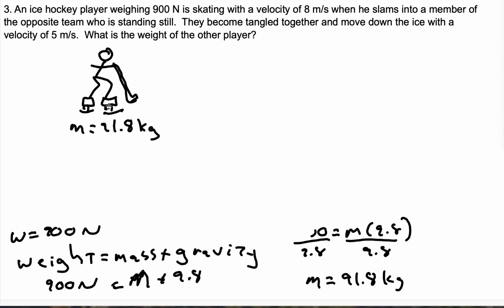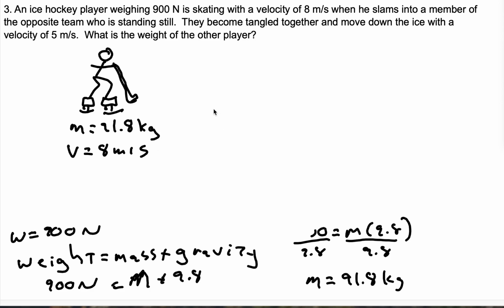Now this would kind of be like your blow dart. This player is like your blow dart, and you knew the mass of the blow dart when you set it off. Now he's skating with a velocity of 8 meters per second. So once again, in that simulation we looked at, you could figure out the velocity by measuring the distance and getting the time. So you know the mass, you know the velocity.